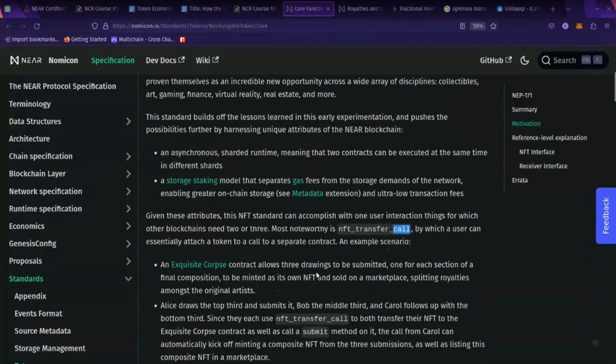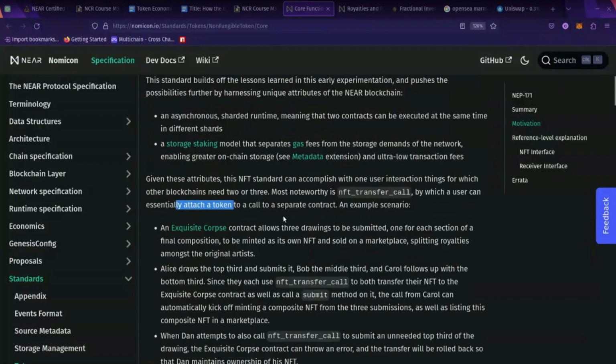So you can attach a token to a call. All the call means is a function call. So you want to have it when you transfer an NFT to somebody.